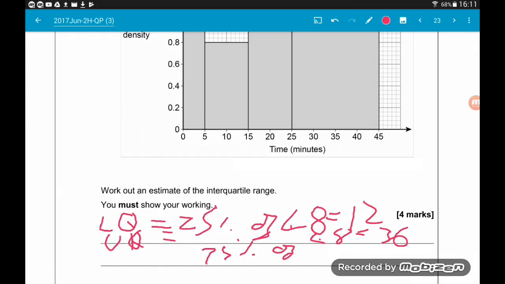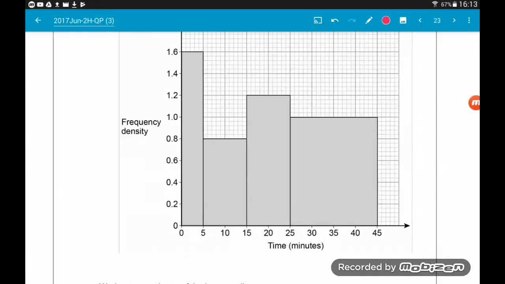What we need to do now, in our histogram, is track down an estimate for the time taken by the 12th person and an estimate for the time taken by the 36th person. Let's go in from the left first on this histogram to find an estimate for the location of the 12th person. We need to work out the frequency represented by each bar.